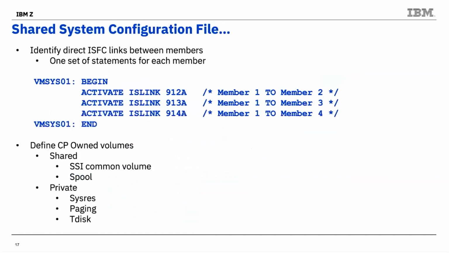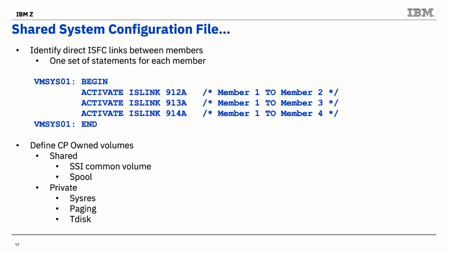Now, also in the config file, we define our ISLINKs, again, the CTC connections between the member that we're defining for and each other member of the configuration. And so you can see the record qualifier that I was talking about. And that's denoted here by the begin and end tags. So in this case, these three ACTIVATE ISLINK statements will be run on VMSYS1, right?